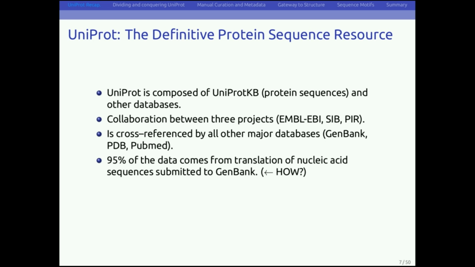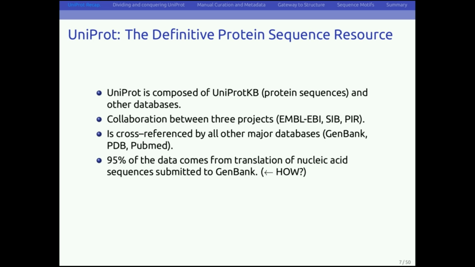And once again, 95% of the data inside UniProt KB comes from the translation of DNA sequences that are submitted to GenBank. So GenBank gets a DNA sequence which has an ID, and then that sequence is retrieved by the automated bioinformatics scripts inside UniProt, and the manual curators who work tirelessly to ensure quality, and they are converted to amino acid sequences and deposited into UniProt KB.